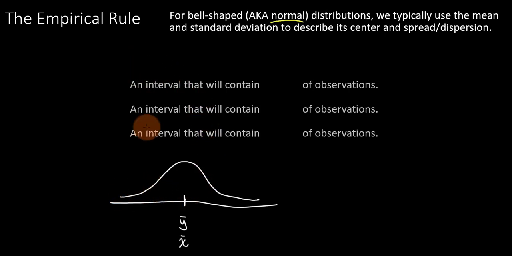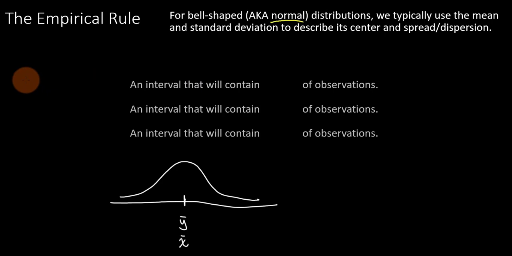So the empirical rule sets out how likely observations are going to be observed with respect to how close they are to the mean. And the way that this is spelled out is in terms of standard deviations. So I'm going to refer to intervals.